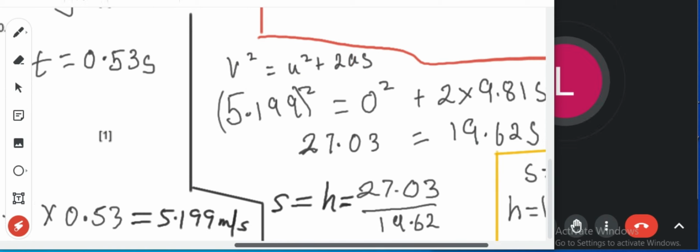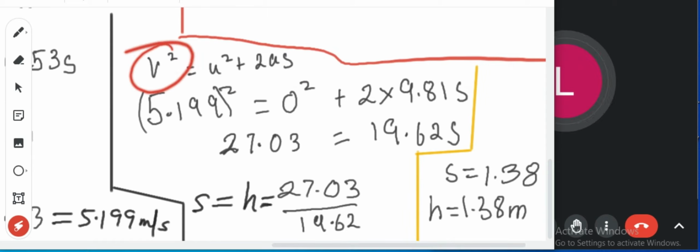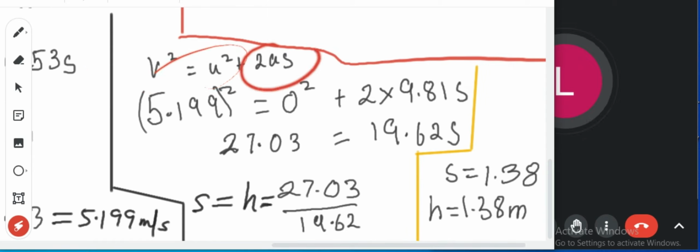So you substituted v squared is equal to u squared plus 2as. V squared is 5.199 squared, plus u squared, which is 0 squared, plus 2 times 9.81 times s, which is the height we're looking for.